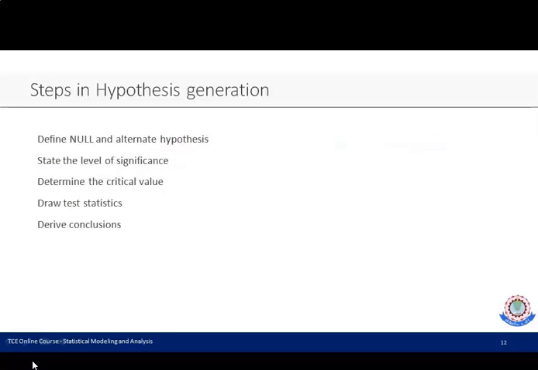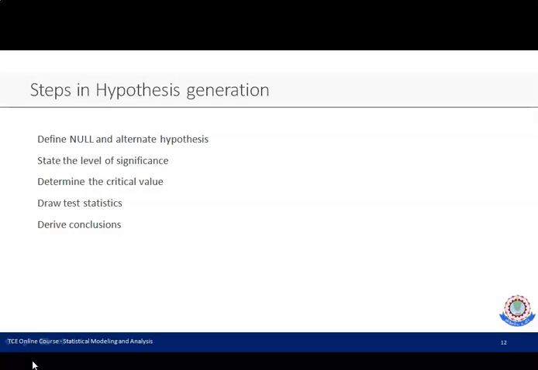So let's see an example for a test statistic method. Before that, you have to know about the steps in hypothesis generation. The first step is defining the null and alternate hypothesis. The second step, you have to state the level of significance, the alpha value.